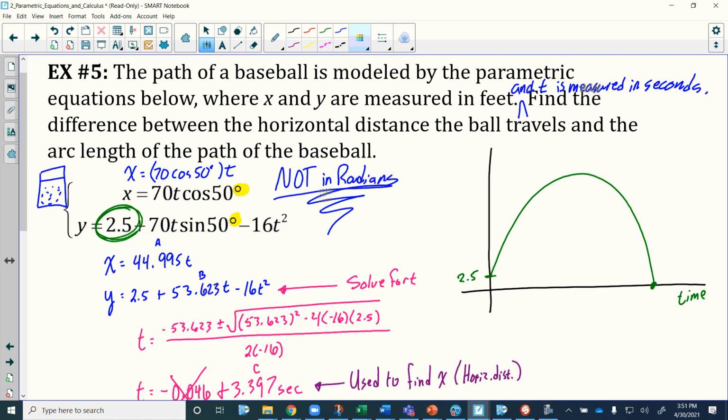So where it hits here, that is the time that we got of 3.397 seconds. And I think that's really all we needed to do for the graph. Because the distance that we traveled isn't going to show up on this particular function, we could write the horizontal or the arc length there, but that's all we have here.